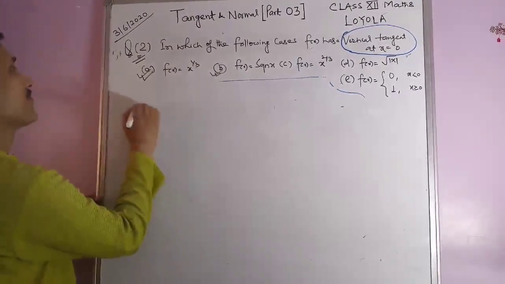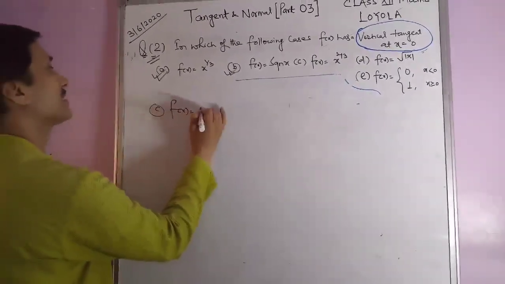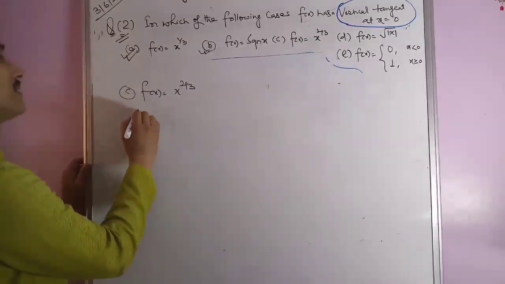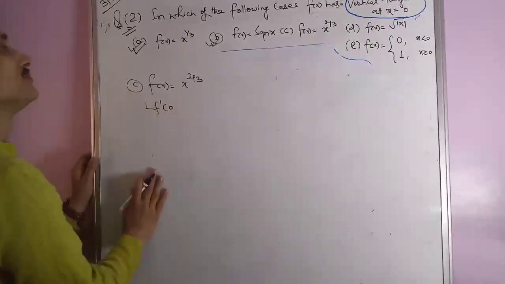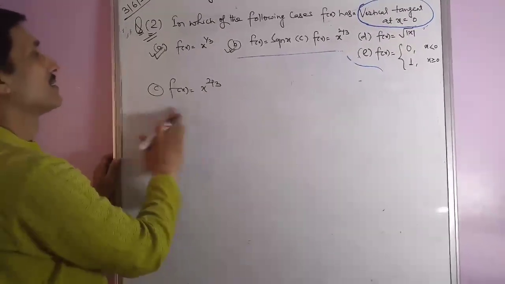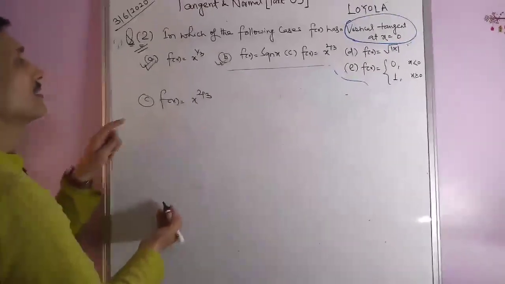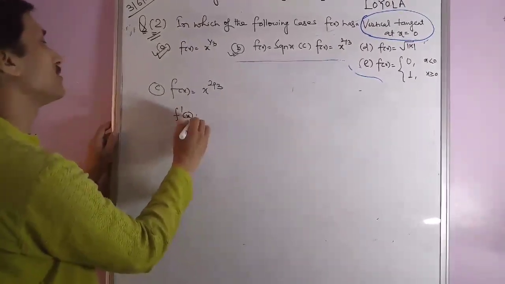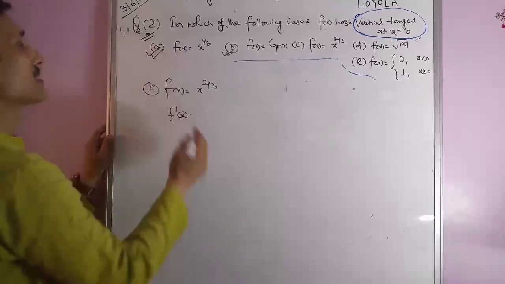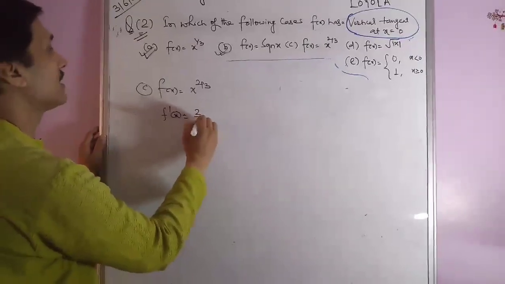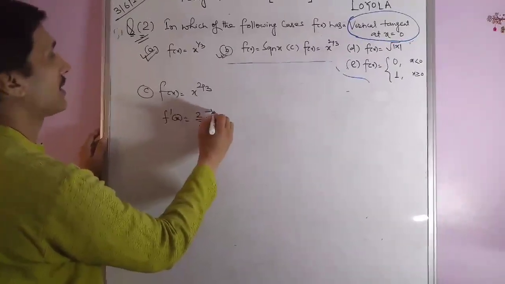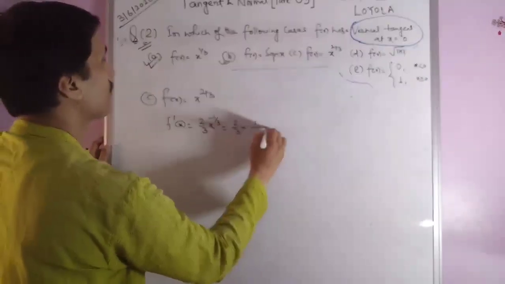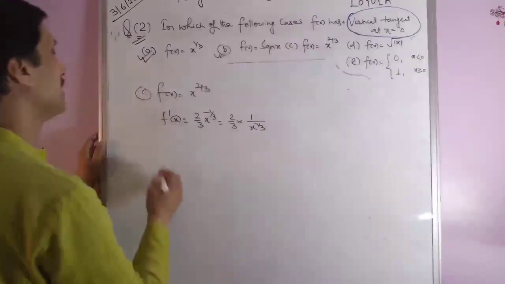Third one, f x equal to x to the power 2 by 3. L f dash 0, or we directly proceed to f dash x without using the formula, like the first case: f dash x is 2 by 3, x to the power 2 by 3 minus 1, that is 2 by 3 into 1 upon x to the power 1 by 3.